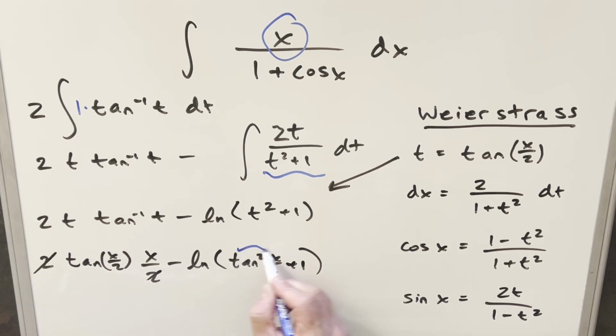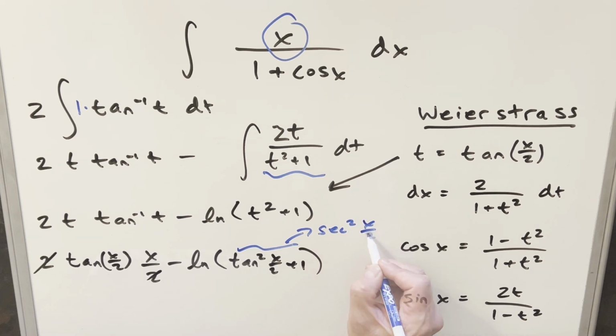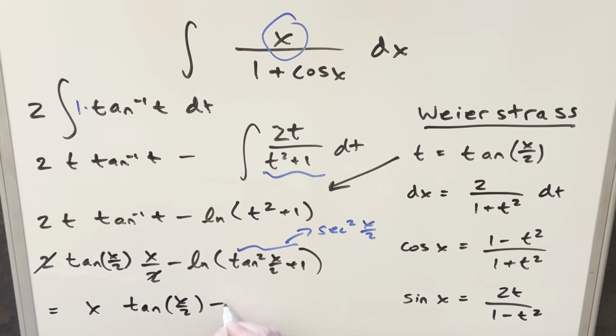We have the identity that tan squared plus 1 is the same thing as secant squared. So putting this all together, for my final solution, we just have x tan x over 2 minus natural log secant squared x over 2, plus C, and that's it.